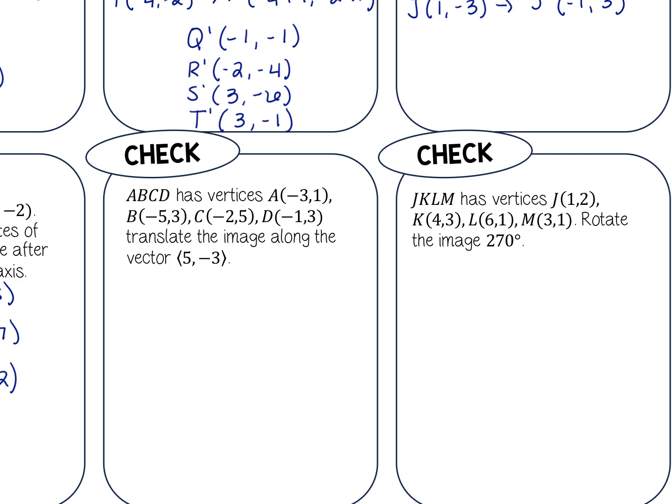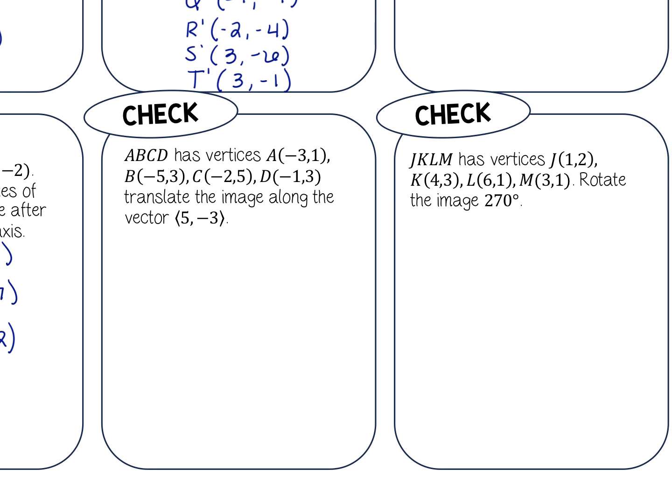So A prime is -3 plus 5 and 1 minus 3, because this 3 is negative.